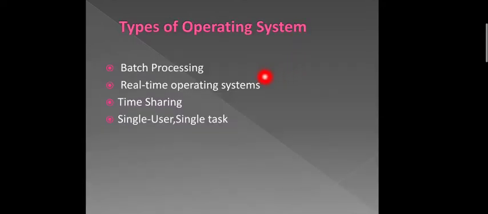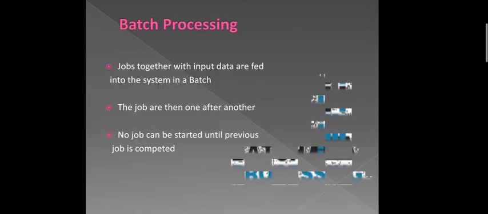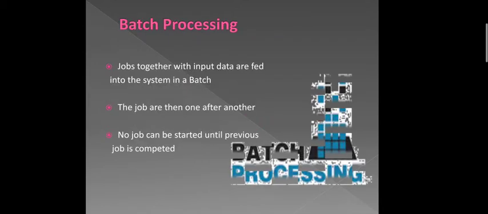Types of operating system: batch processing operating system, real time operating system, time sharing operating system, and single user single task operating system. So here this is the batch processing operating system. In this kind of operating system, jobs together with input data are fed into the system in a batch.